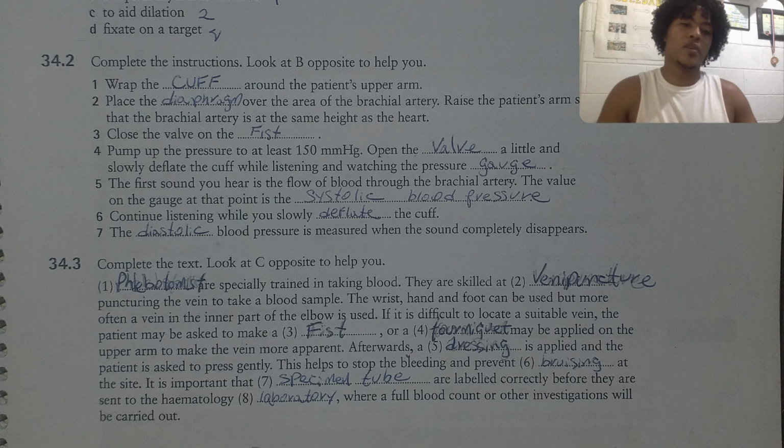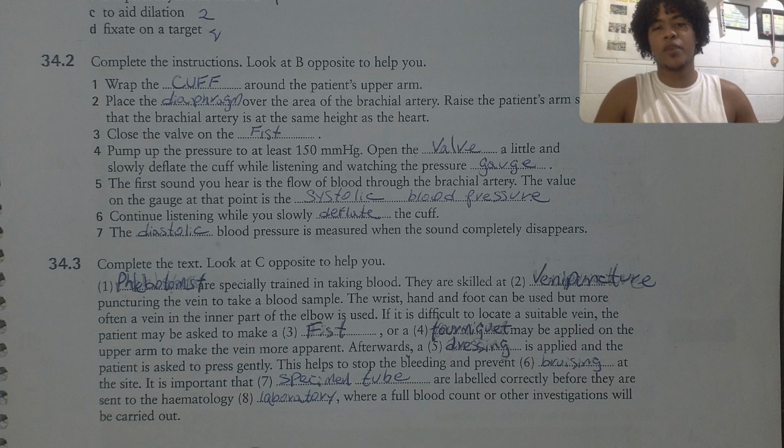Number 1. Phlebotomists are specially trained in taking blood. They are skilled in puncturing the vein to take a blood sample. The wrist, hand, and foot can be used, but more often a vein in the inner part of the elbow is used.